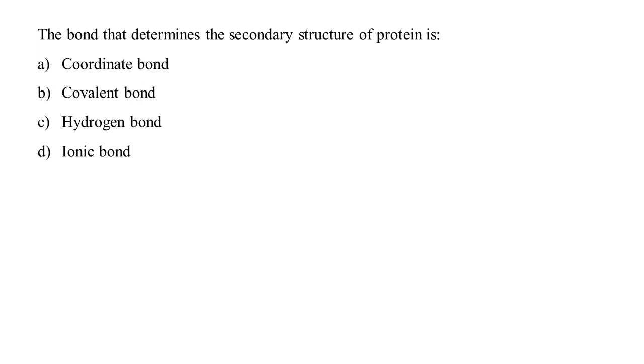आगे, the bond that determines the secondary structure of a protein. बड़ा सिंपल सा क्वेश्चन है. आपको पता होगा that the primary structure of any protein is because the amino acids are coupled together through the peptide backbone, which is a comparatively denatured structure. Life has not been started with this structure.